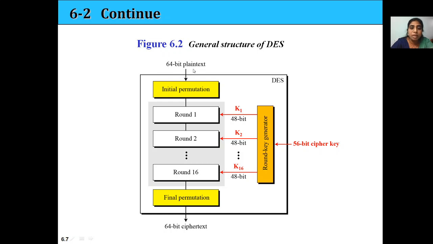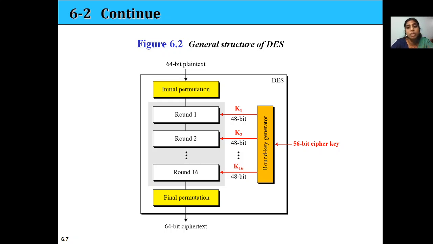plain text, then we give it to the initial permutation. This initial permutation is a predefined permutation. Permutation is nothing but transposition of the bits, so we change the positions of the bits.